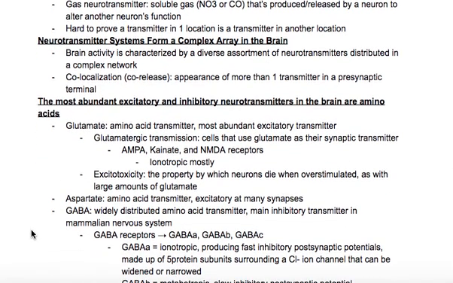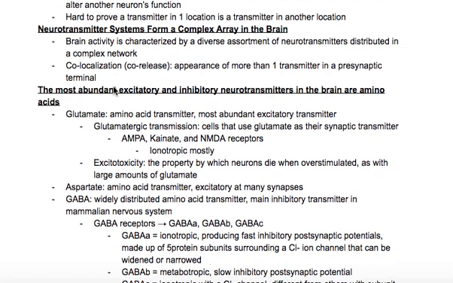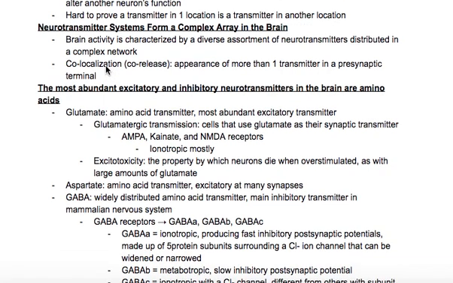Next section is neurotransmitter systems form a complex array in the brain. Brain activity is characterized by a diverse assortment of neurotransmitters distributed in a complex network. Co-localization or co-release is the appearance of more than one transmitter in a presynaptic terminal.